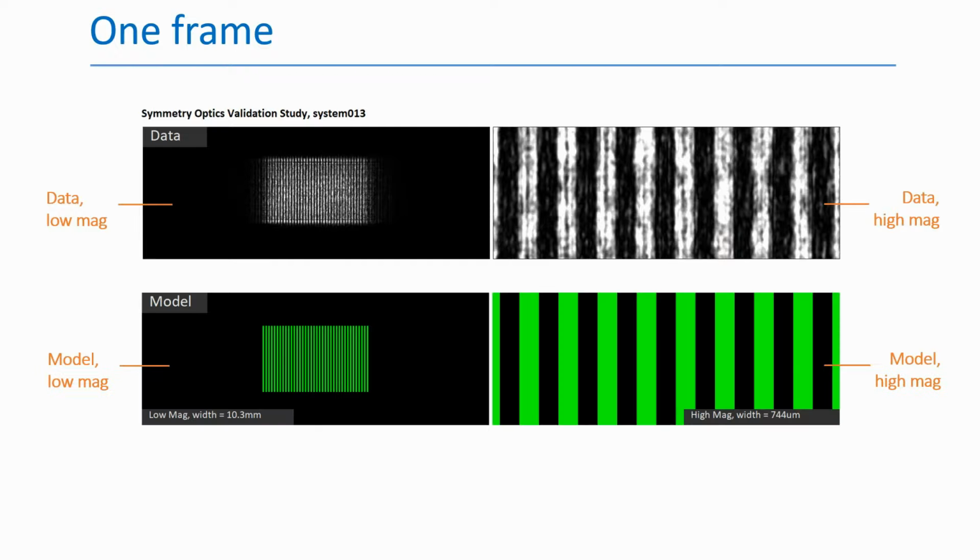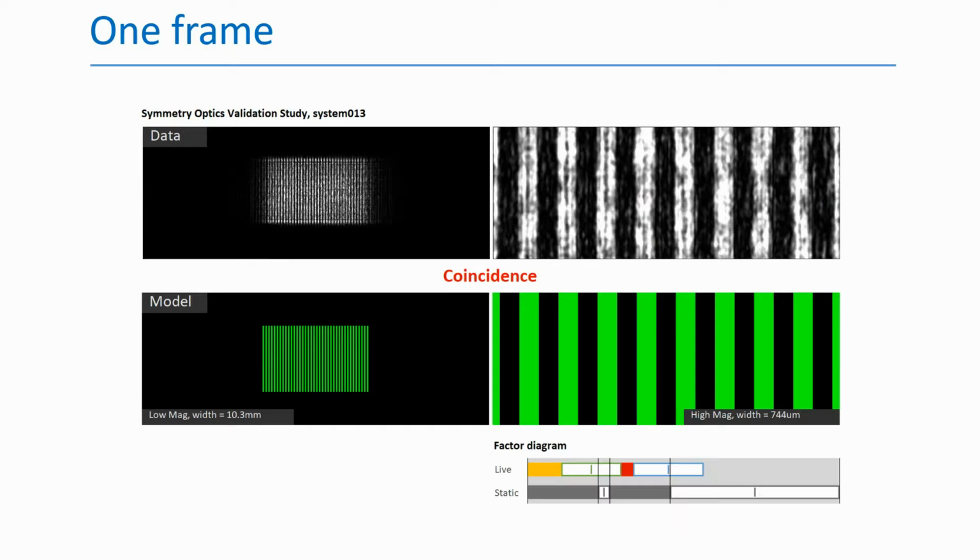Next come two additional windows. These contain simulated images which were calculated using the theoretical model. Each simulated image corresponds to the experimental image above it. Next, there's a note which describes the plane. There's also a continuous factor diagram which shows the static and live at the current plane.